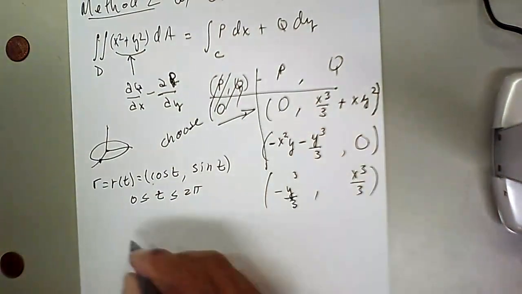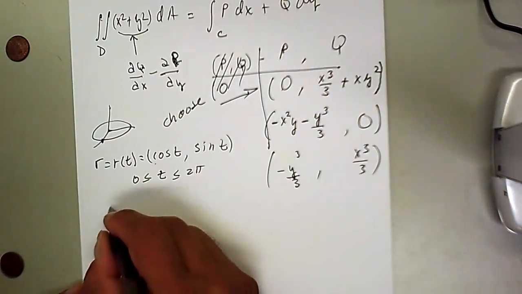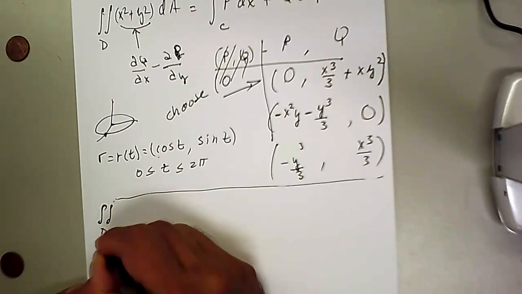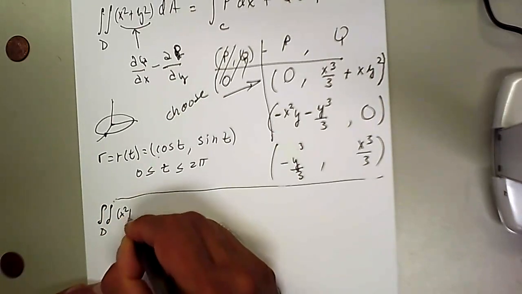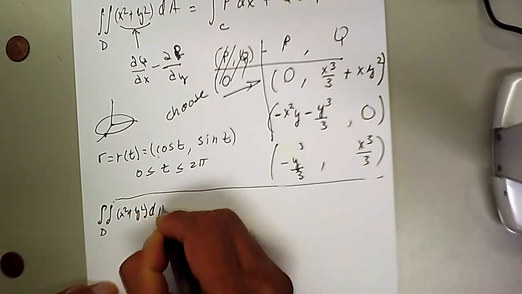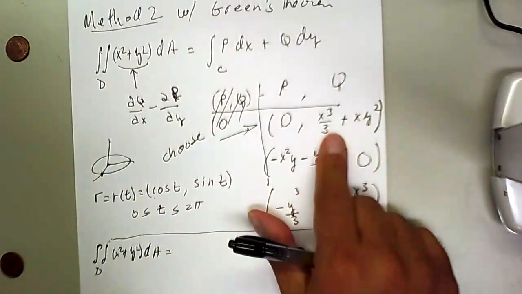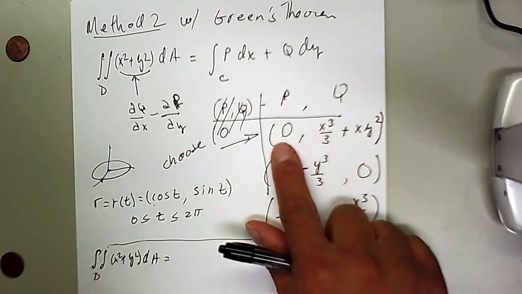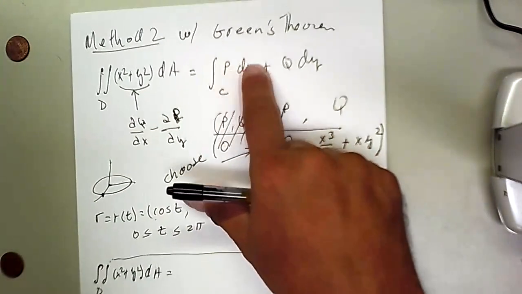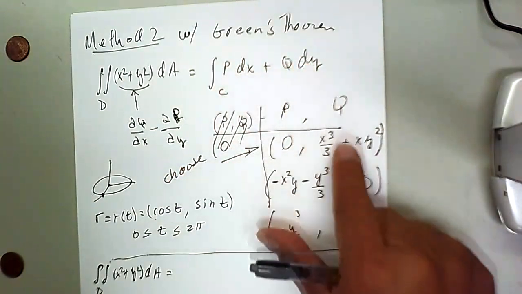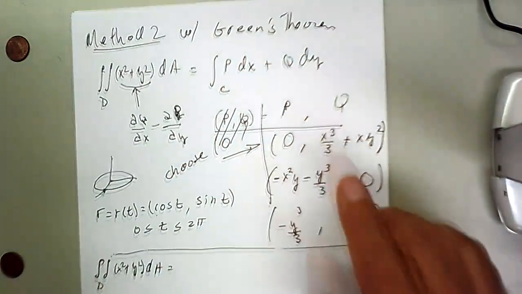So there's a lot of stuff here. Let's set it up. We've got the double integral over the region of x squared plus y squared with respect to the area. That's equal to, again, I'm going to choose this one. So that means that p is 0. This portion of Green's theorem is going to end up being 0. So we're just going to integrate q, which is this, with respect to y.